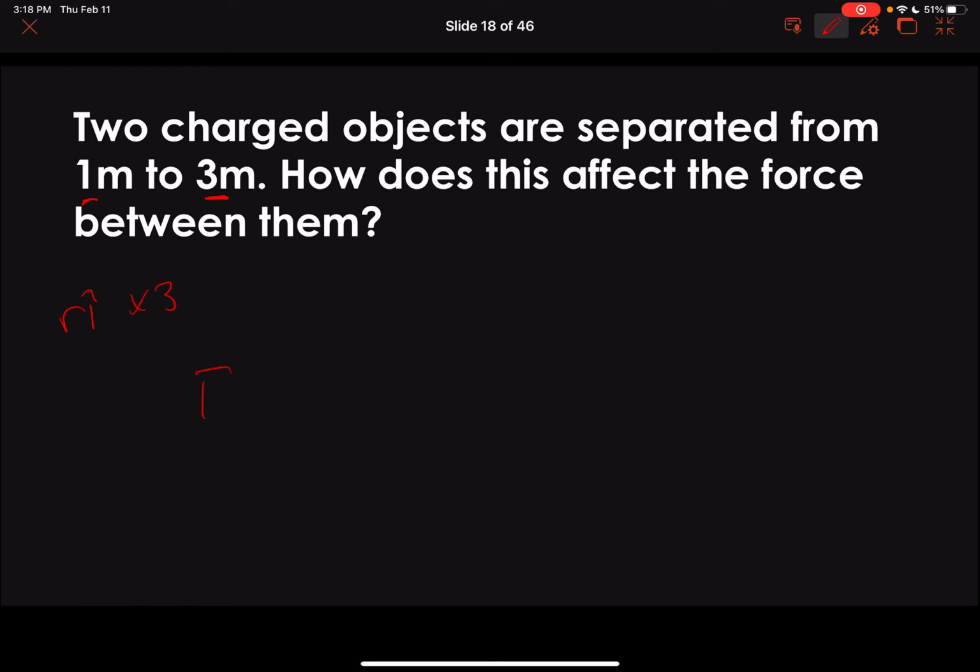Well, let's look at the equation. Our distance is this right here. If we triple that, that means we are putting a 3r in here instead. Okay? And so when you square it, we're getting 9r squared, right?